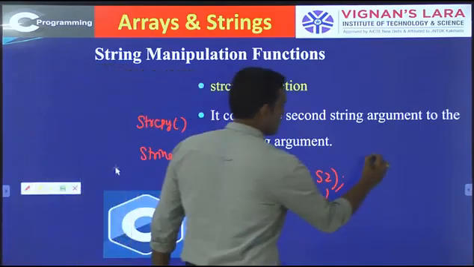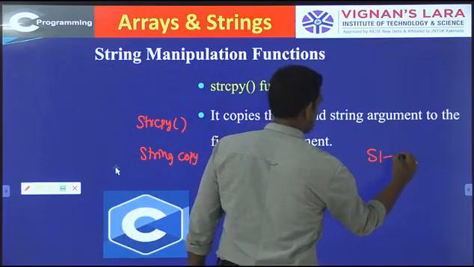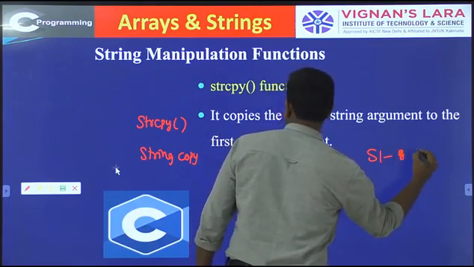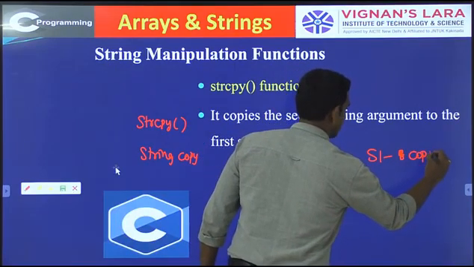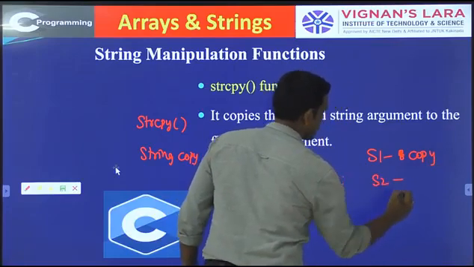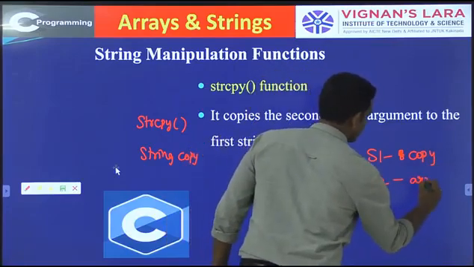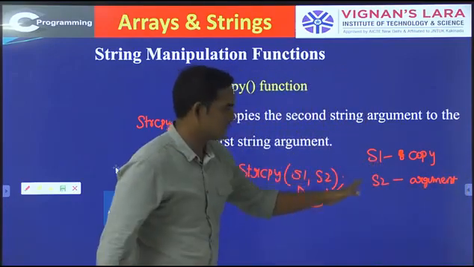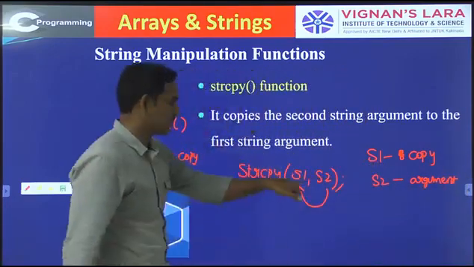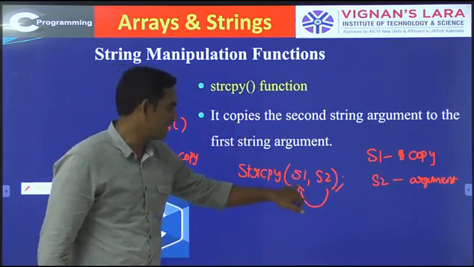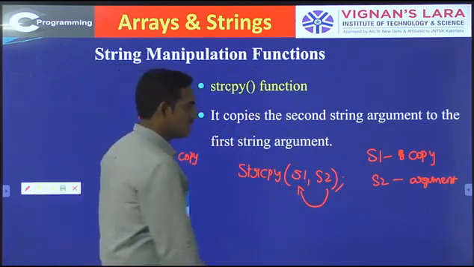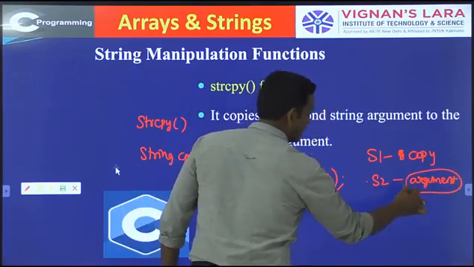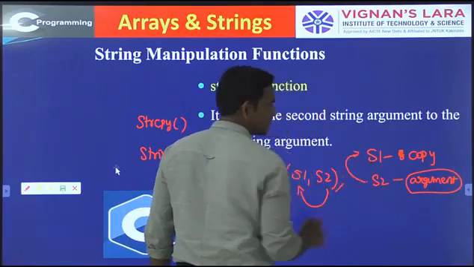For example, to avoid confusion, let's take some word, copy, as s1, and let's take s2 as argument. So string 1 is copy, string 2 is argument. If I perform this function, that is string copy s1 comma s2, whatever is present in s2, that is this word argument, will be copied into s1.